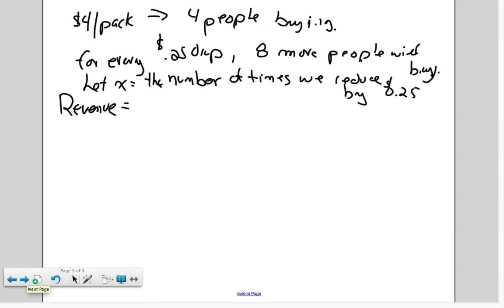Okay? Because we know there's a relationship there. Every time we drop by 25 cents, something is happening. So what our revenue is, well, initially, I have $4 a pack.